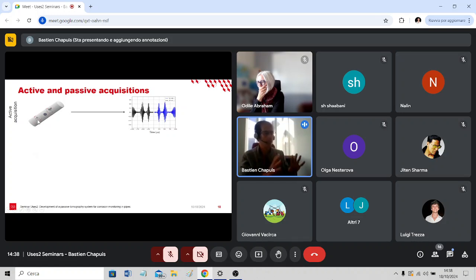As I mentioned, it's full matrix capture acquisition, so we make all the different combinations between emitter and receiver. But if we consider only two transducers, we have this typical signal. In blue, positive time, so it's emission in A and reception in B. And in black here, it's negative time, it's just a convention, emission in B and reception in A.